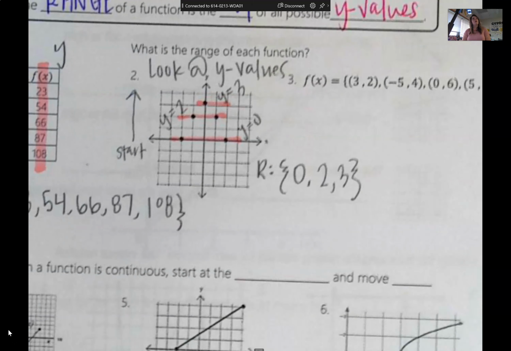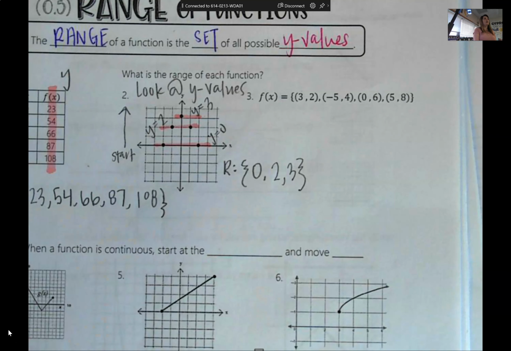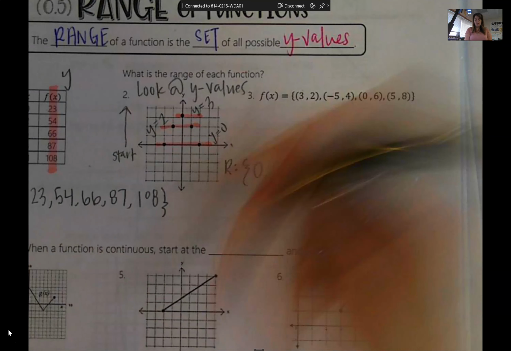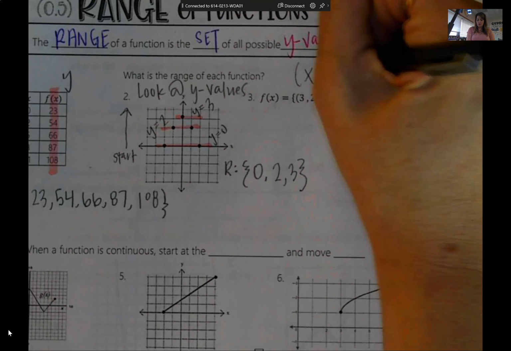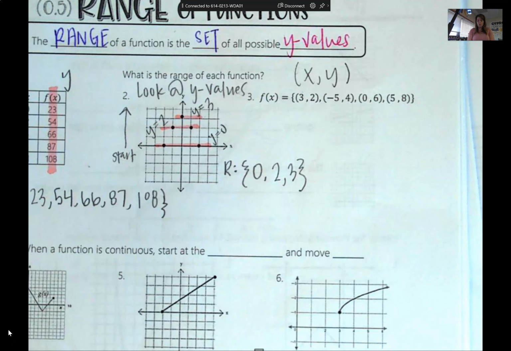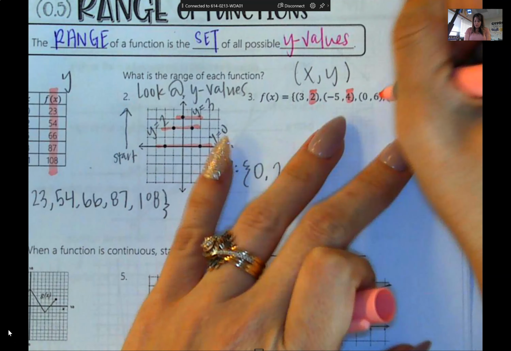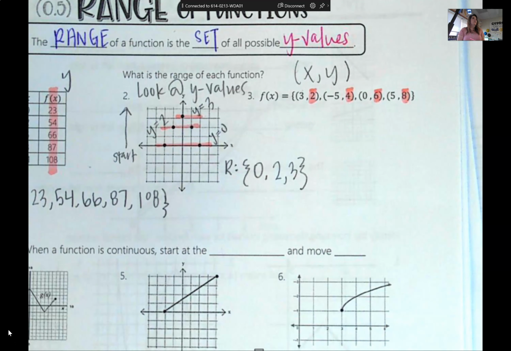Okay, for the points on the last page, on the domain page we highlighted the first coordinate. On this one, we will highlight the second coordinate, the y coordinate. So 2, 4, 6, 8, who do we appreciate?